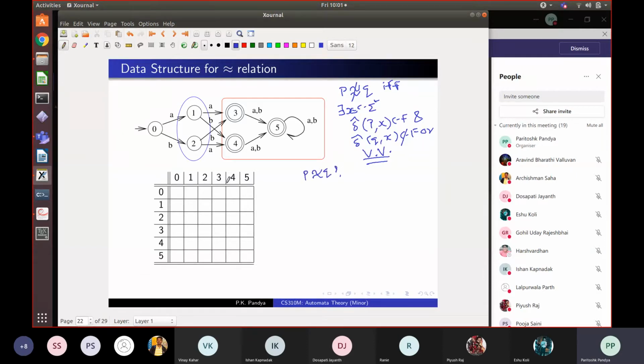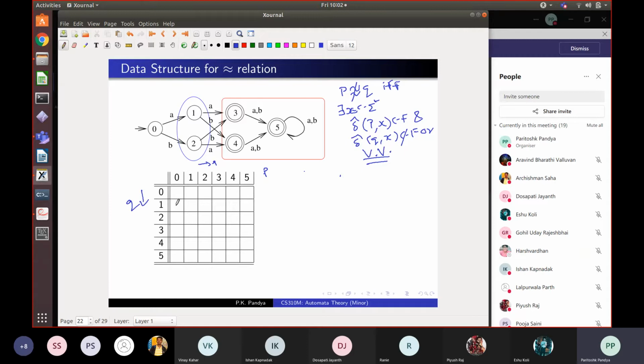So in the top row I have P, and in the columns I have Q. I have one column for each P and one row for each Q. At position, let's say, 0, 1, I'm trying to determine whether 0 is equivalent to 1 or not.